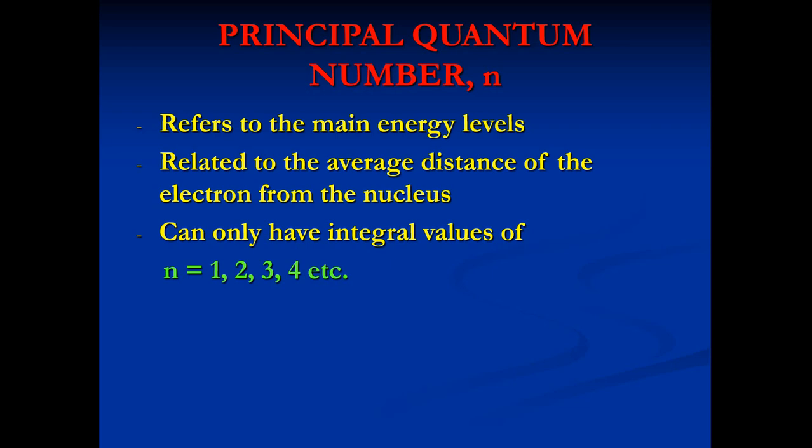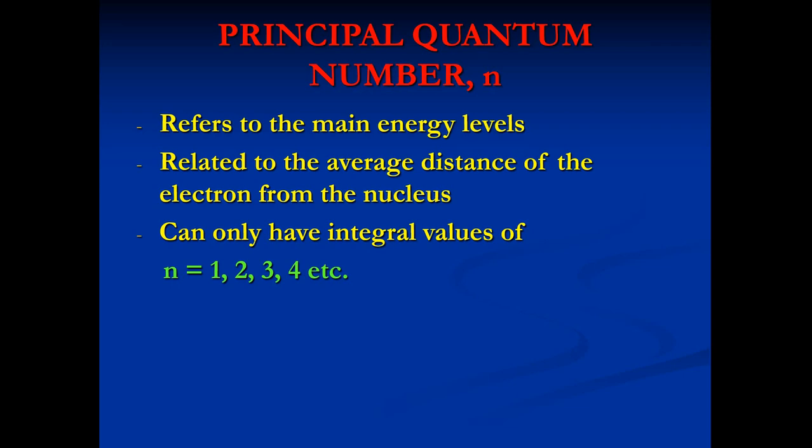K shell is the first shell, the second shell is L shell, then M shell, and N shell. So the number of shells indicates the principal quantum number, which is n. The principal quantum number is used to show the energy level of the electrons.